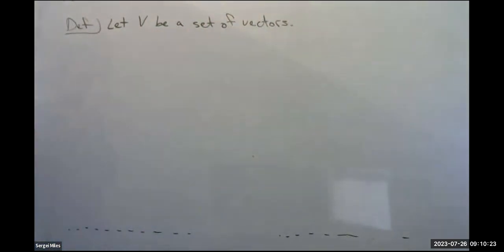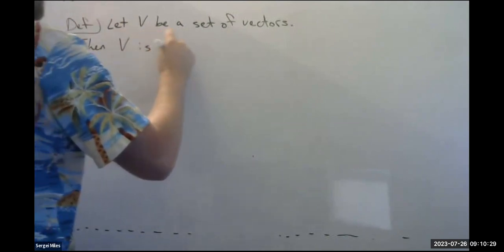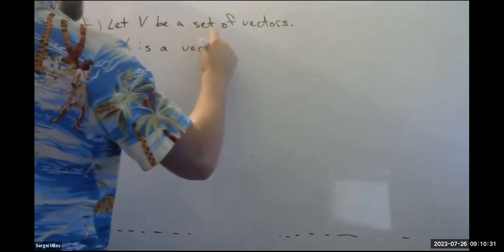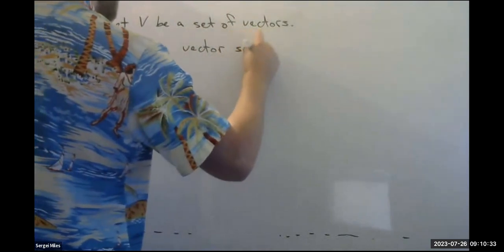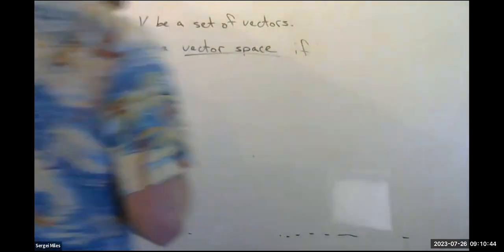All right. Then V is a vector space. Generally, we're going to use capital V for vector spaces. V is a vector space if the following happens.